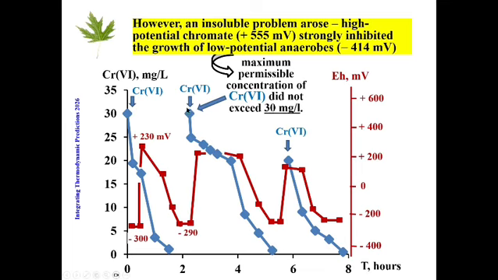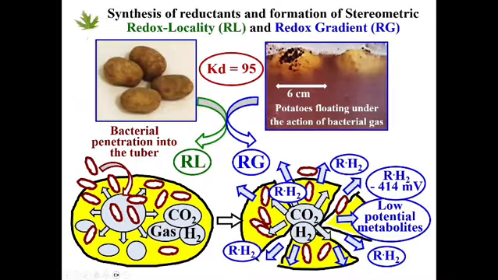Here you can see the limit in chromium-6 concentration. It was not higher than 30 millivolts. But we discovered a novel approach: the application of the phenomenon of redox locality and the phenomenon of redox gradient. What does it mean? Here you can see the sequence of formation of redox locality on the example of whole potatoes.